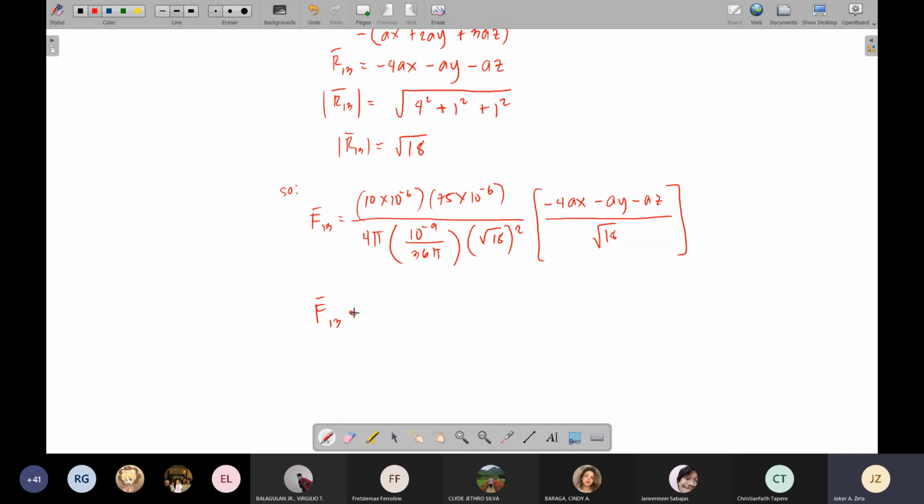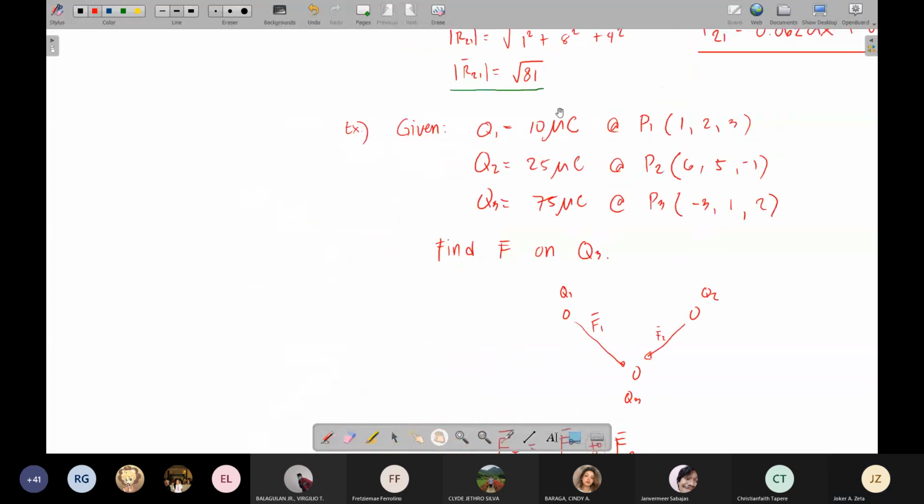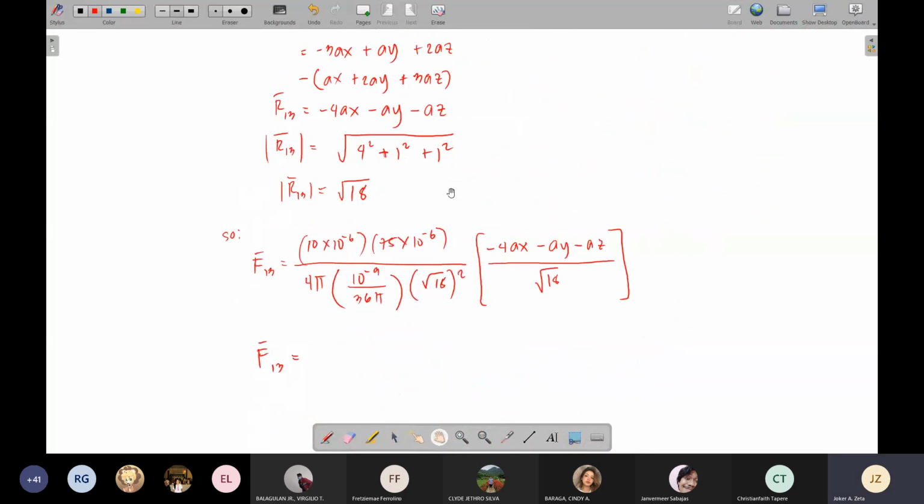Sige, so bulot ko ang force 1, 3. You have 10 to the negative 6 times 75 to the negative 6 over 4 pi times 10 to the power of negative 9 divided by 36 pi times square root of 18 squared.